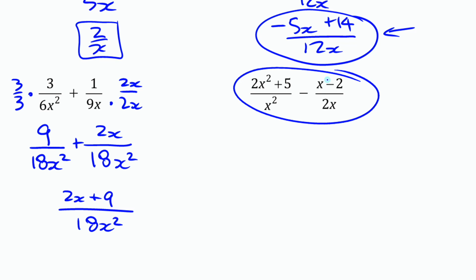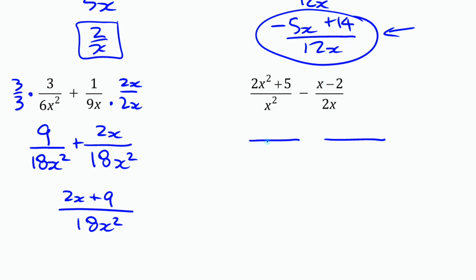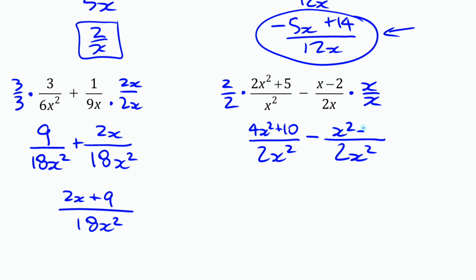Let's look at this last one here. Our lowest common denominator that we can use here is 2x squared, because we need an x squared and we need at least a 2. So that means we have to multiply this one by 2 over 2 and this one by x over x. So we are going to get 4x squared plus 10, and we are going to get x squared minus 2x.